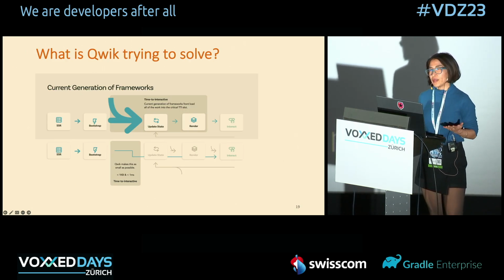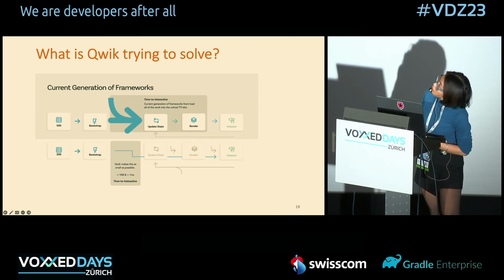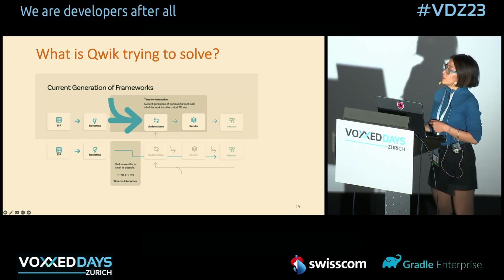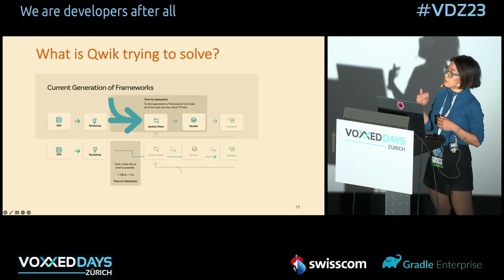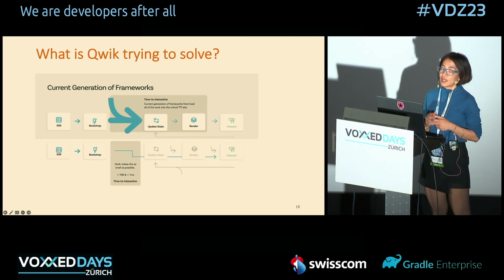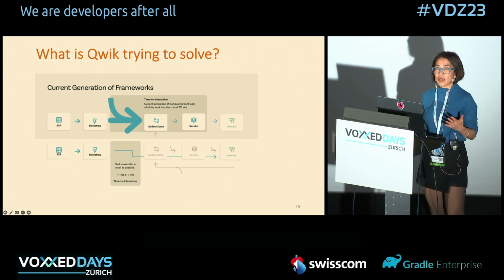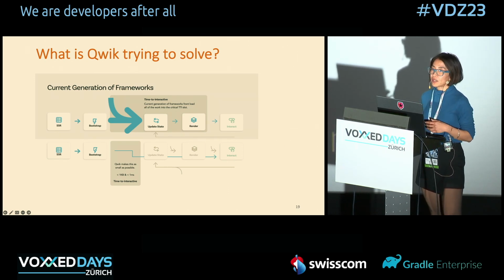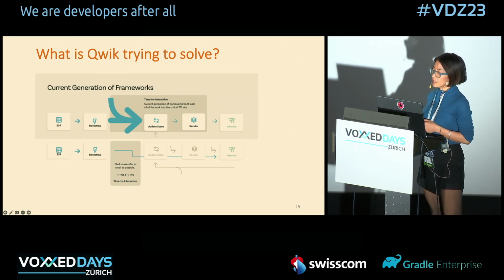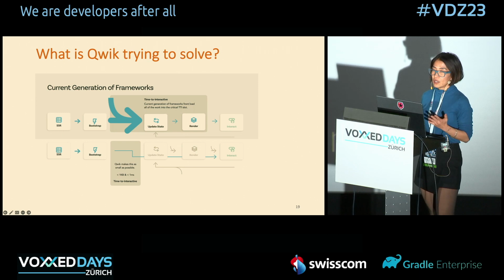The basic goal of Qwik is to focus on time to interactive by delaying the JavaScript as much as possible and taking advantage of the browser's lazy loading capabilities. In contrast, existing frameworks require a lot of code to be downloaded and executed before the page can become interactive.